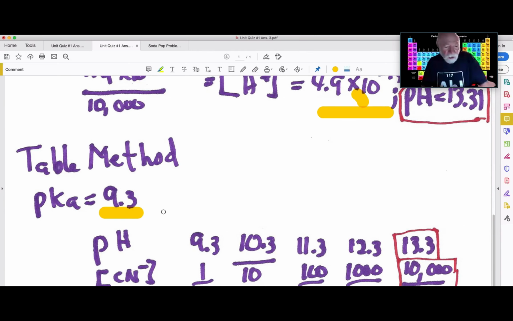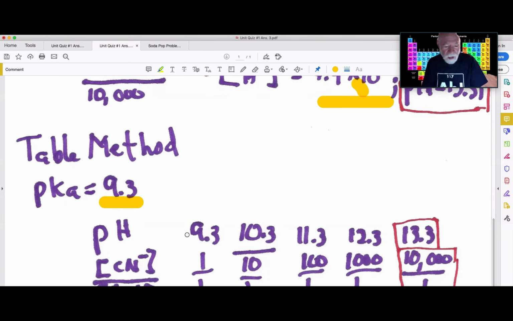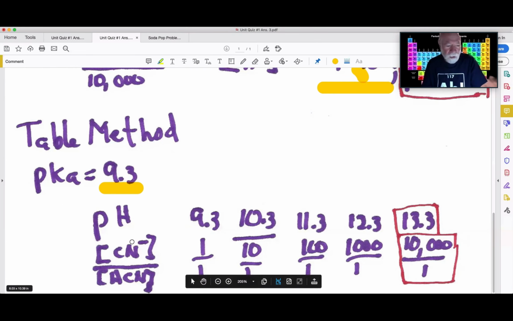Okay, so it's 9.3. Now with the table method, you want to plot pH versus the ratio. You have your choice. You can do base to acid or acid to base. Since I said I wanted the base to acid to be 10,000 to 1, I put the base on the top. Now remember, you always start the table by picking the pH purposely being the pK sub A. Why? Because that's when you know the ratio is 1 to 1.